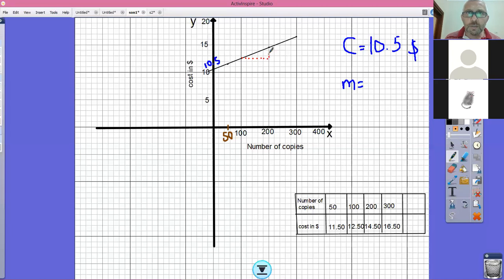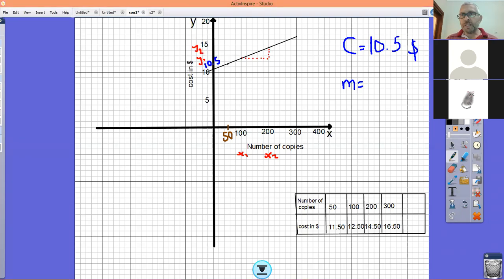What is the M? M is gradient. Remember, we wrote x2, x1, y2, y1. Let's say this one will be x1, and this will be x2. This will be y1. This will be y2.